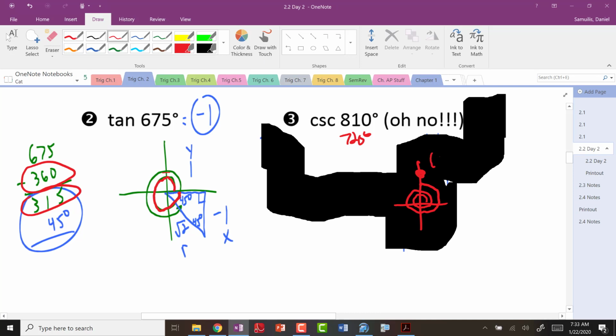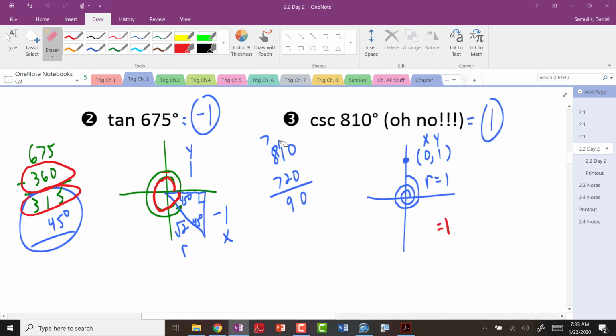Whenever you land on an axis, it's either 1, 0, 0, 1, negative 1, 0, or 0, negative 1. This is 0, comma 1, lands right there, so that's where that terminal side passes through. This is coordinate trig. Sine is y over r, so that's 1 over 1, 1. Boom.